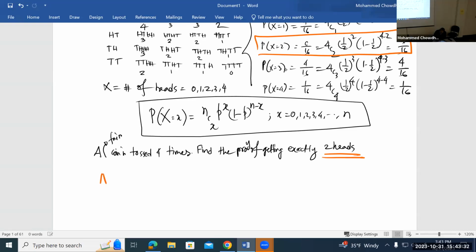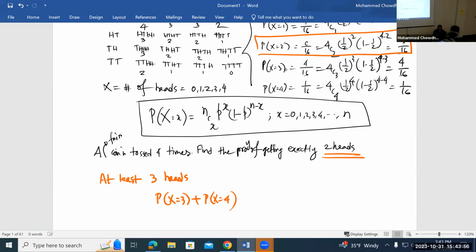Now at least 3 heads. At least 3 heads means what? Can any one of you tell me? 3 or more. So that means probability of x equal to 3 and probability of x equal to 4, right?